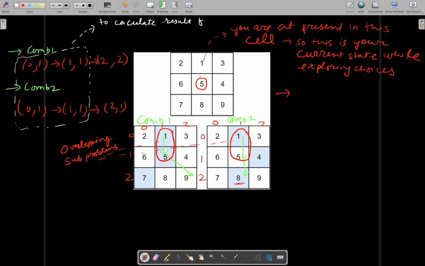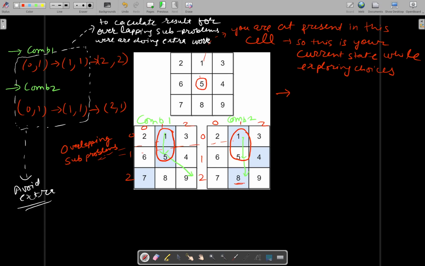And this extra work is what is leading us to TLE. Okay, so we need to eliminate this extra work.